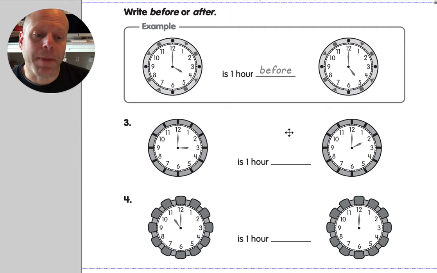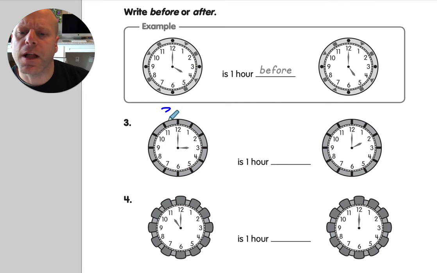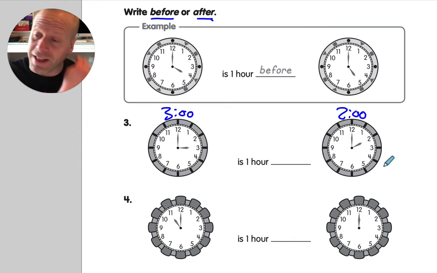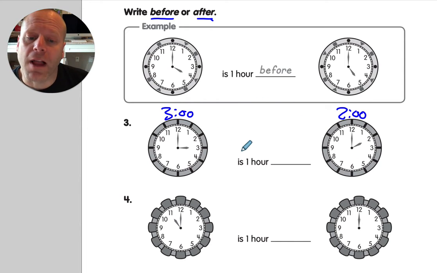Here you're going to be comparing 2 times. Like this is 3 o'clock. This is 2 o'clock. And I have to use the word before or after so that it makes sense. So I'm going to read this whole thing like it's a sentence. 3 o'clock is 1 hour what? 2 o'clock. Well, 3 o'clock is after 2 o'clock. Right?